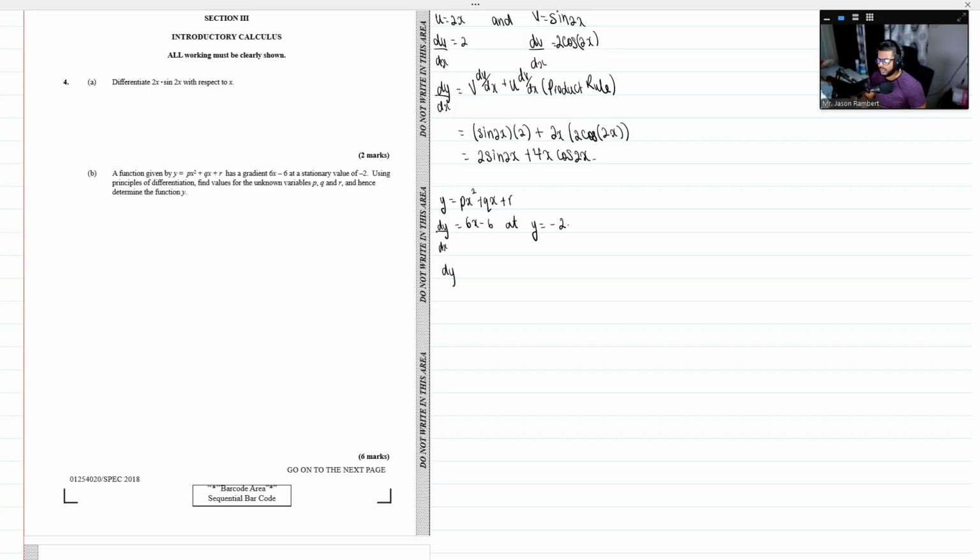So I'm going to calculate what dy dx is. dy dx is equal to 2px plus q. So I'm going to let 2px plus q be equal to 6x minus 6.